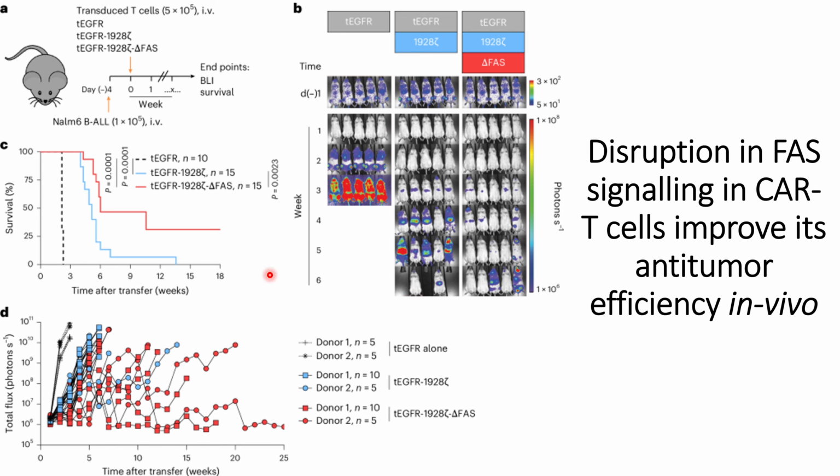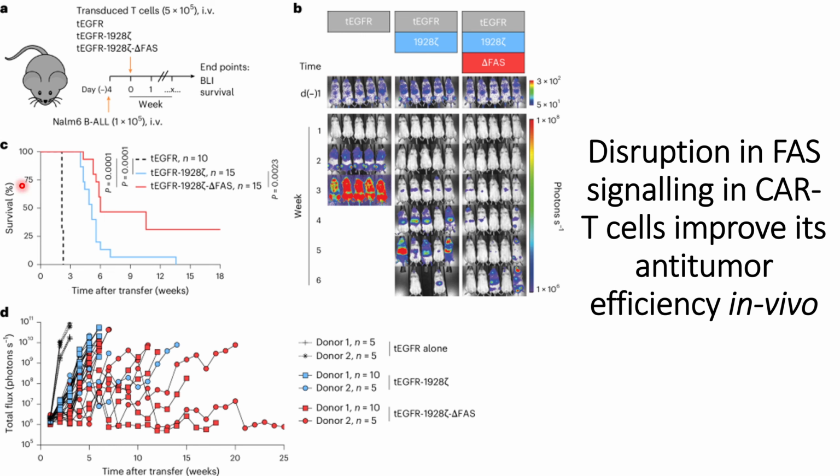And in terms of survival rate, we can see that the mice that have this intracellular domain. I might have mistaken it as transmembrane domain. So the mice that are transduced with CAR T cells with intracellular domains, and where FAS signaling is disrupted, we can see the highest survival rate compared to the case where FAS signaling is not disrupted. And if there is no intracellular domain, we can see a very low survival rate.